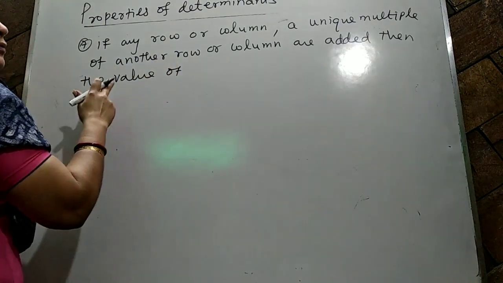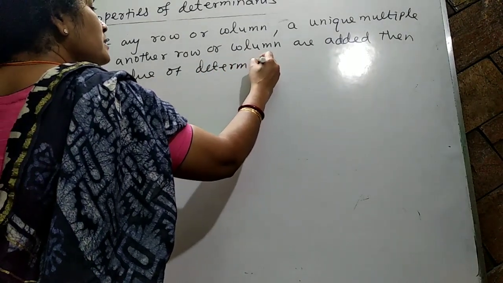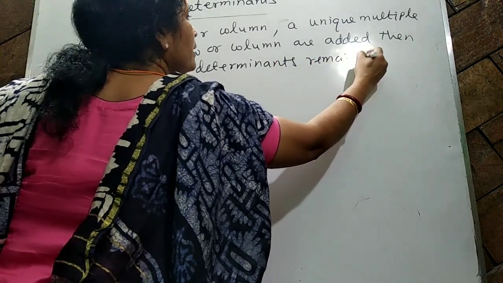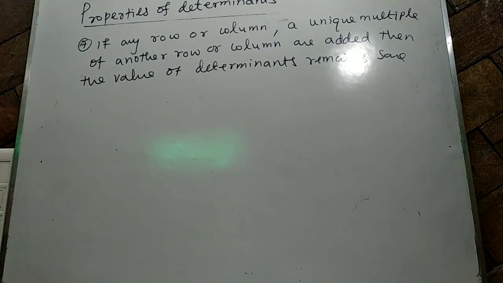This property we will use frequently. Once again, if any row or any column is added with a unique multiple of another row or another column, then the value of the determinant remains the same.